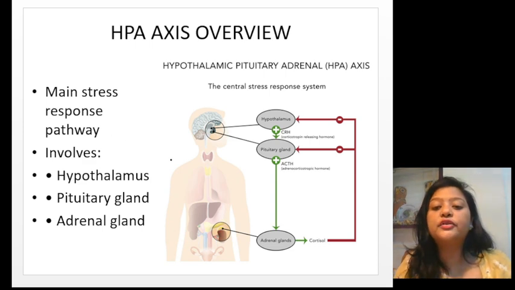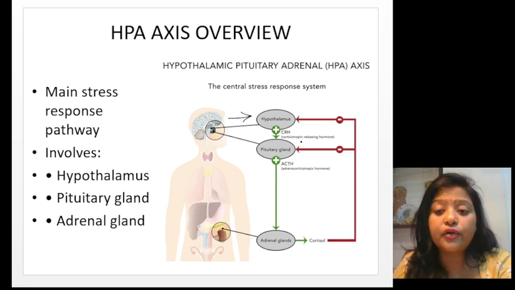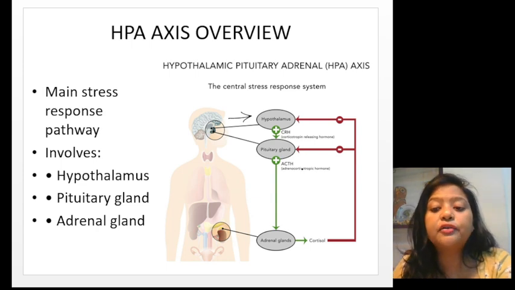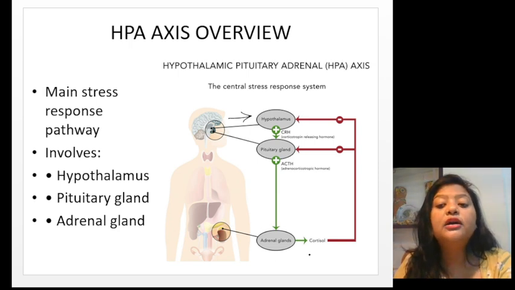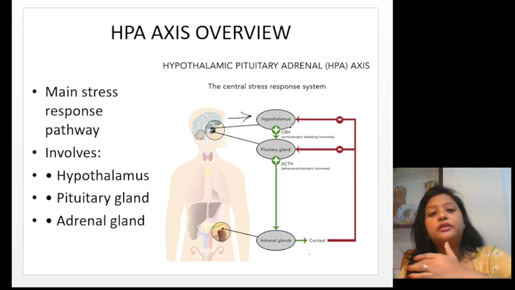As soon as the stress is felt, the hypothalamus produces CRH, or corticotropin releasing hormone. The pituitary gland will then produce adrenocorticotropic hormone, ACTH, and the adrenal glands will produce cortisol. It's a process occurring one by one.